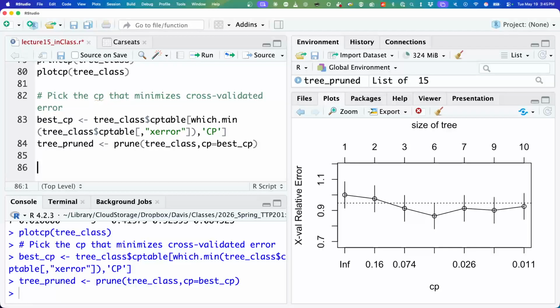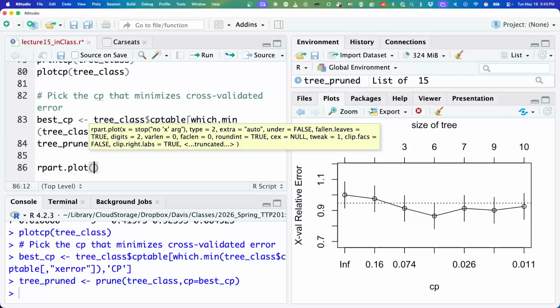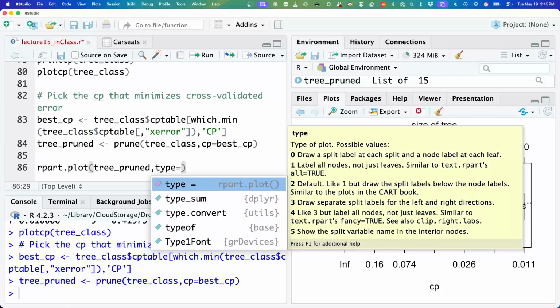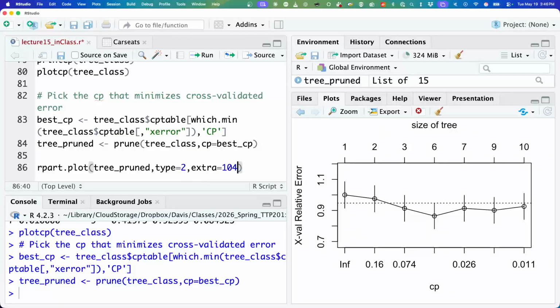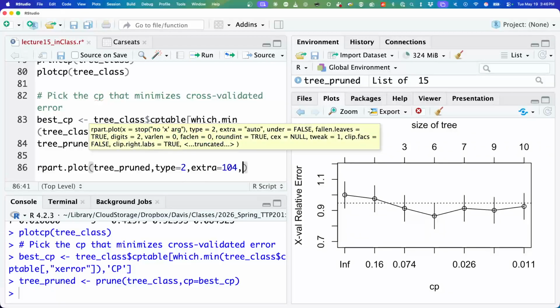Okay, and so now we should be able to look at a new plot of our tree that is now pruned, so that we've reduced the number of leaves based off of the cross-validated selection value for CP.